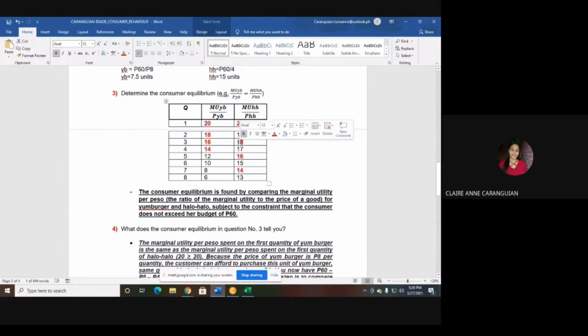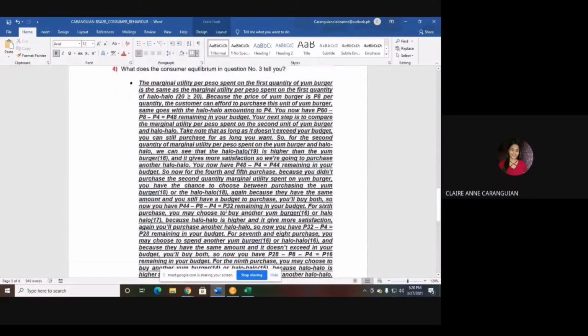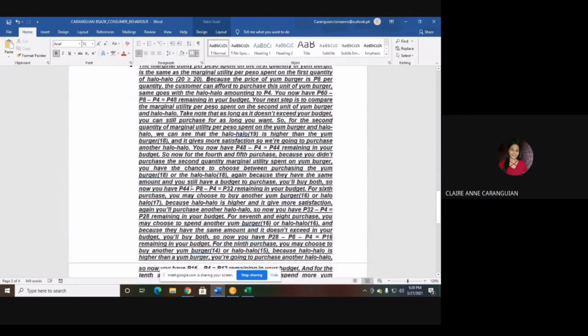The higher the marginal utility or the higher the satisfaction that we will get. So, another Halo Halo again. Yung 44 natin, less 8 and less 4, magiging 32 remaining in your budget.